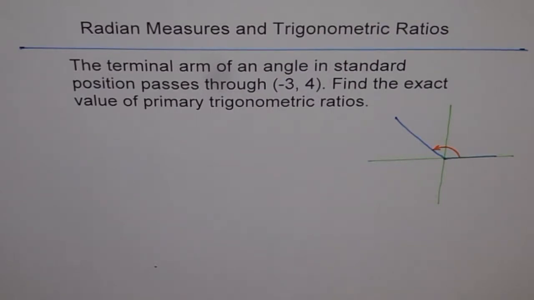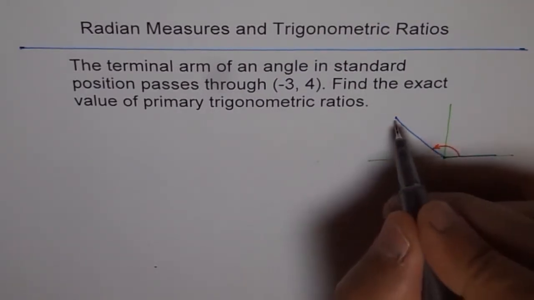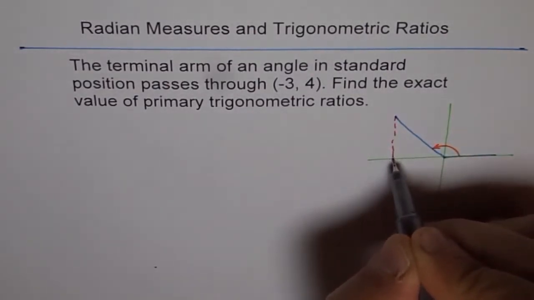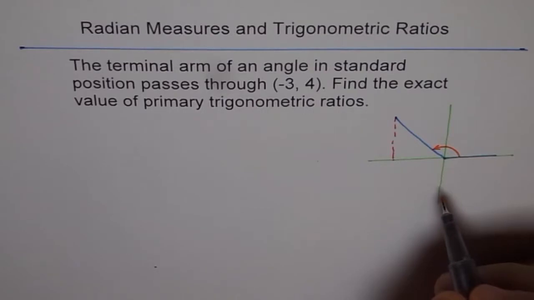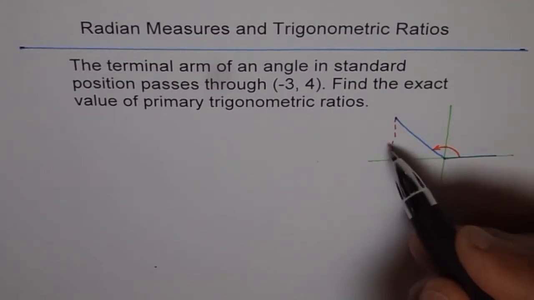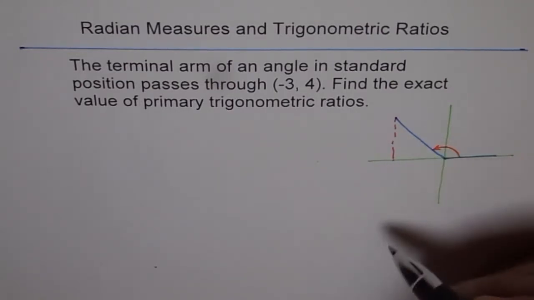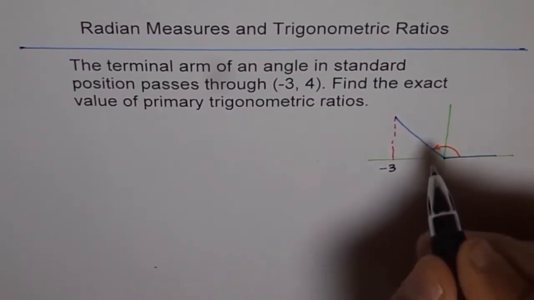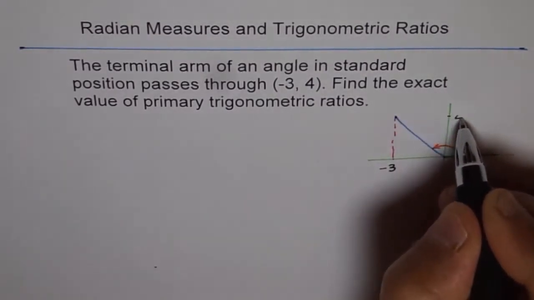But as far as trigonometric ratios are concerned, what we do is drop a perpendicular from here to the horizontal x-axis, right? And then find the opposite side, adjacent side, and the hypotenuse. The point is -3, and this point here is 4.